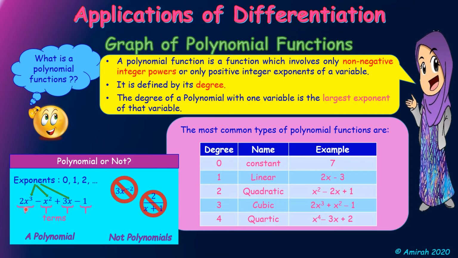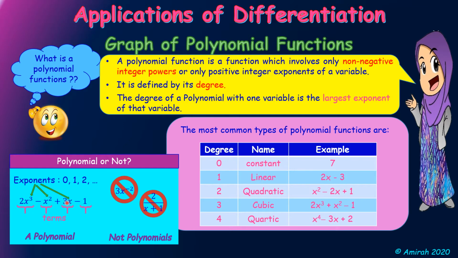Now, let me check whether this function is polynomial or not. Let's say we have 2x cubed minus x squared plus 3x minus 1. This is a polynomial function because it contains only non-negative integer powers.